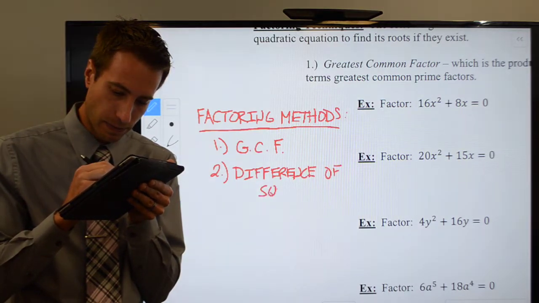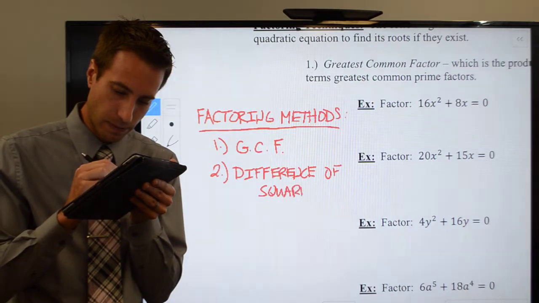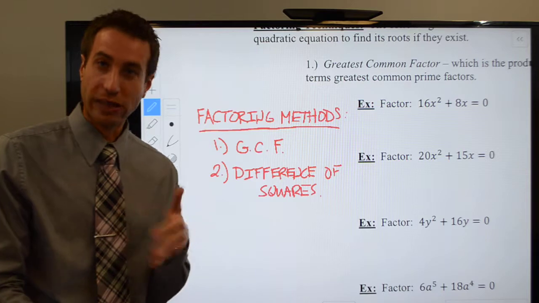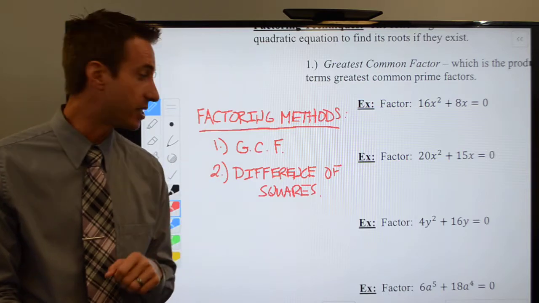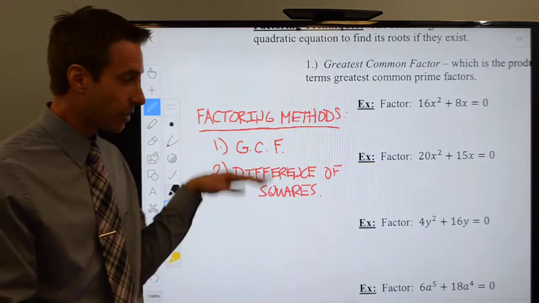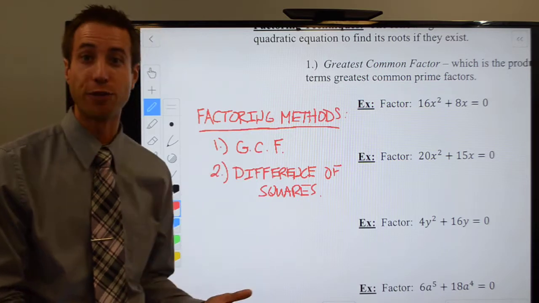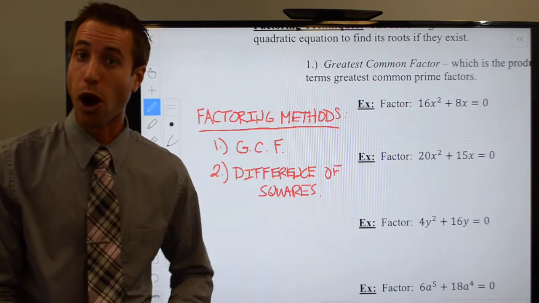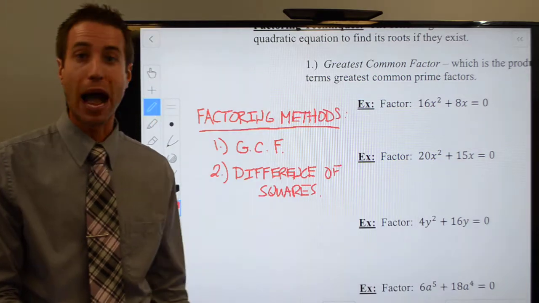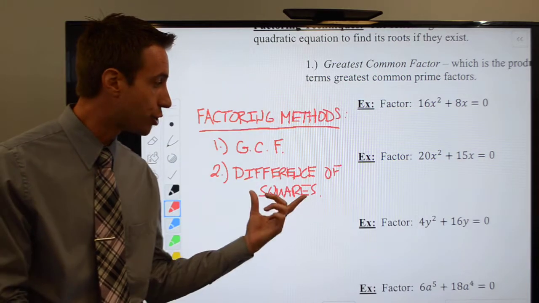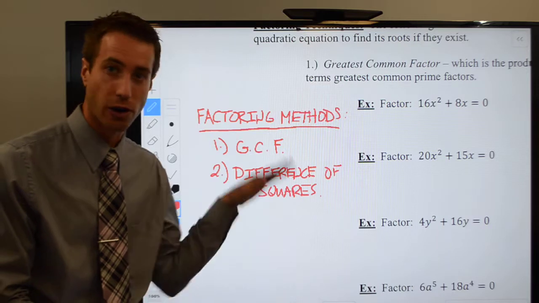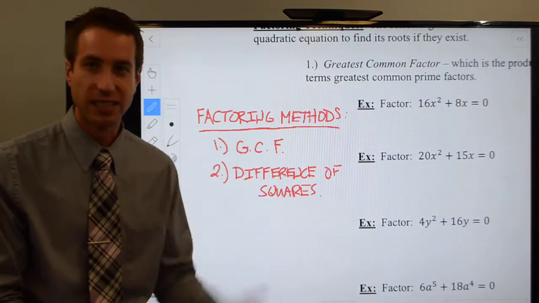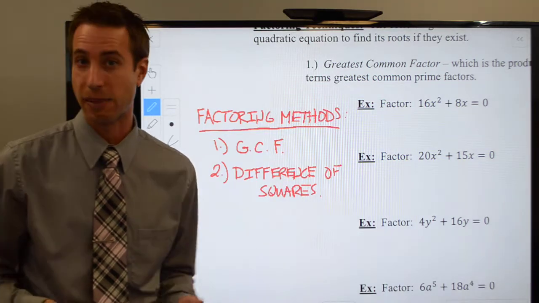Now, again, difference of squares is a little trickier than finding a GCF, but still, in the order in which we're going to do factoring, it's quite a bit easier than option number 3 or option number 4. So I would absolutely want to choose difference of squares over 3 or 4 if I can. So if GCF doesn't work, difference of squares is going to be our next best option.